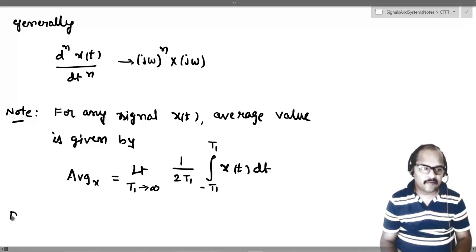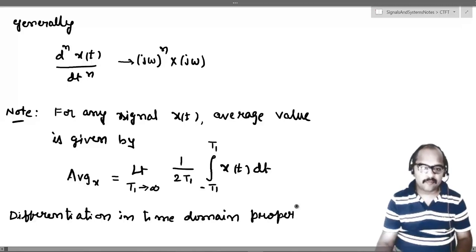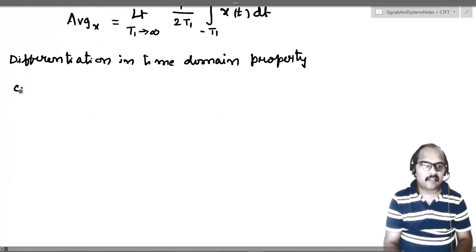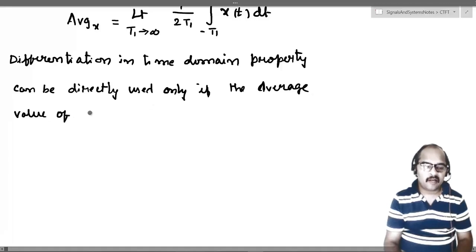So the differentiation in time domain property can be directly used only if the average value of the signal is 0.